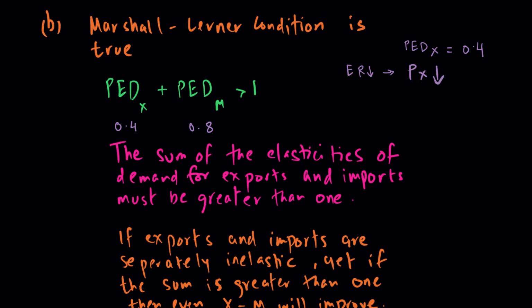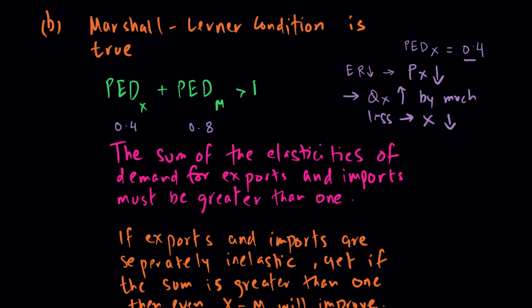When the price of exports goes down, the quantity of exports will rise, but because the good is inelastic, it will rise by much less, and then export expenditure, or export revenue, will actually end up falling. So if the good is inelastic, we should not lower the price if we want to increase revenue.